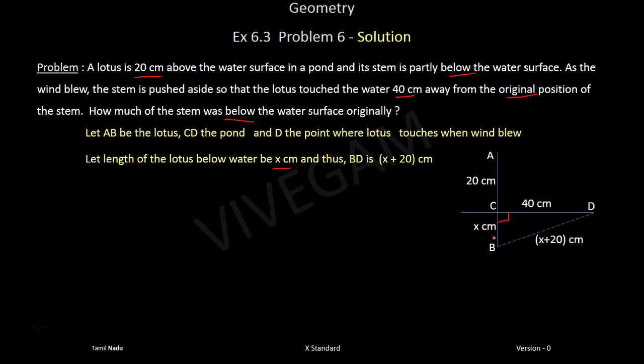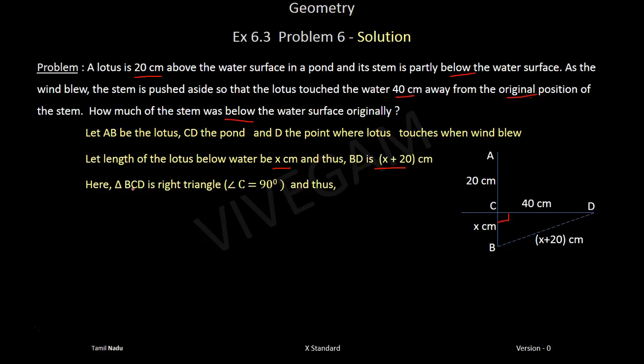So the total length of the stem is x plus 20 centimeters. Because the whole stem blows, AB will be equal to BD, as this is the new lotus position. The lotus does not change its length, so the original length x plus 20 is the same. BD is x plus 20 centimeters.